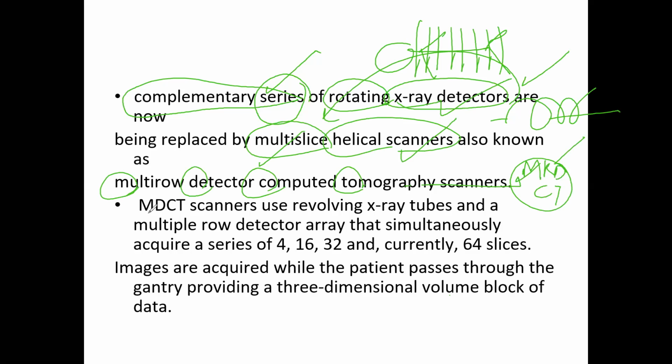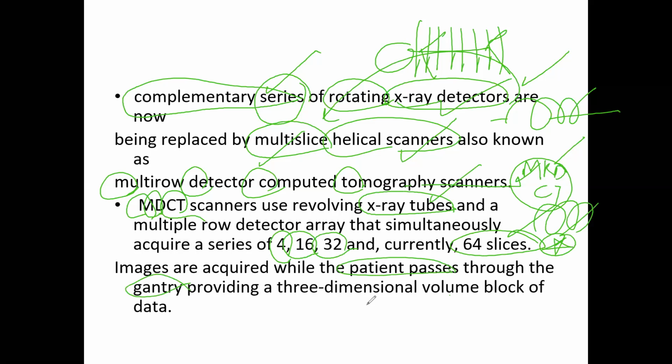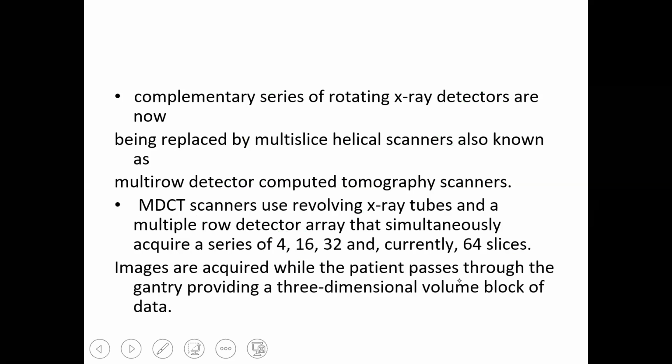MDCT scanners use revolving X-ray tubes and a multiple row detector array that simultaneously acquires a series of 4, 16, 32, and now 64 slices, and even 128 slices. Images are acquired when the patient passes through the gantry, the tube-like hole the patient passes inside. You will get a three-dimensional volume block of data. So that is one thing which is seen over here.